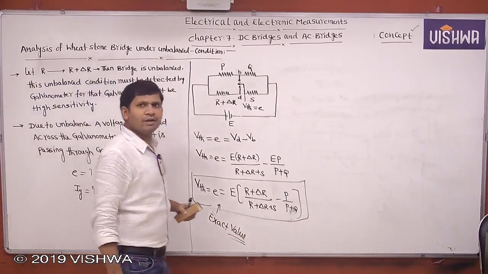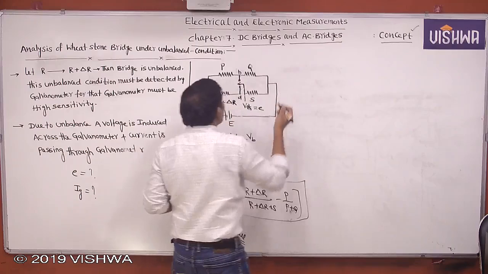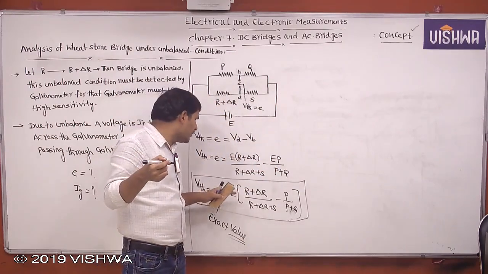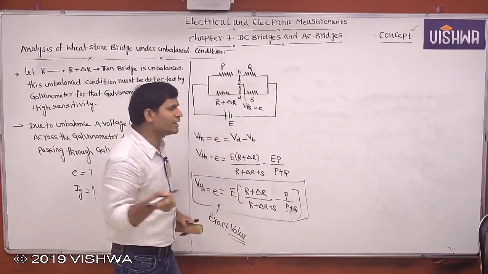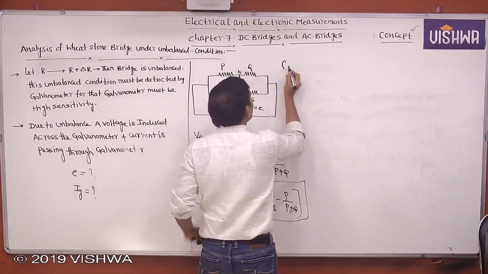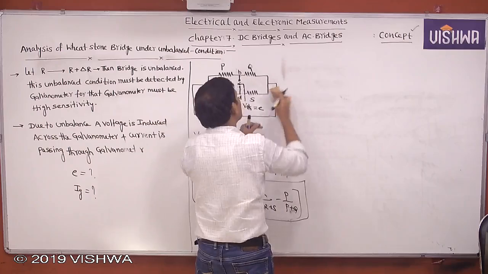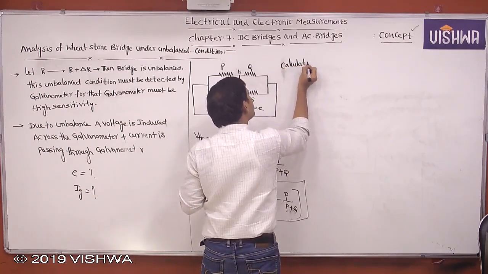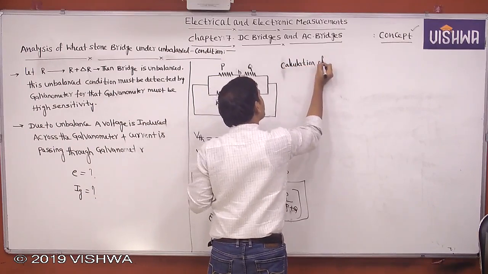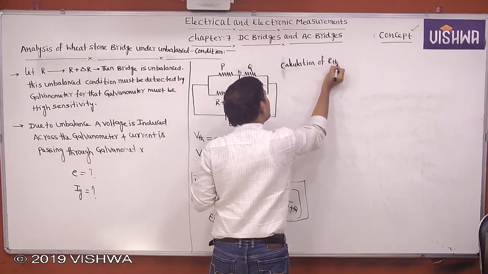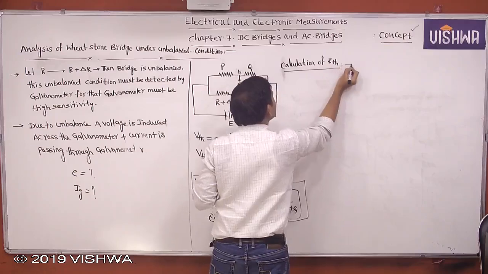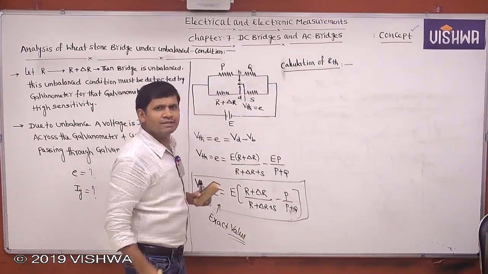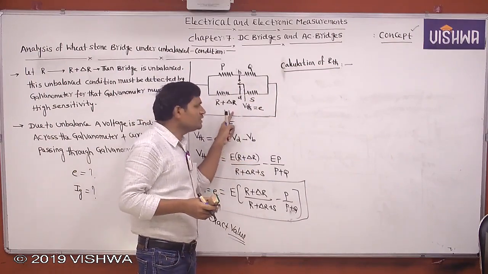Then how to calculate Thevenin's resistance? We are applying Thevenin's theorem. Once we apply Thevenin's theorem, you know the Thevenin's voltage and you also calculate the Thevenin's resistance. Now calculation of RTH. To calculate RTH, the Thevenin resistance, the voltage source is short circuited.